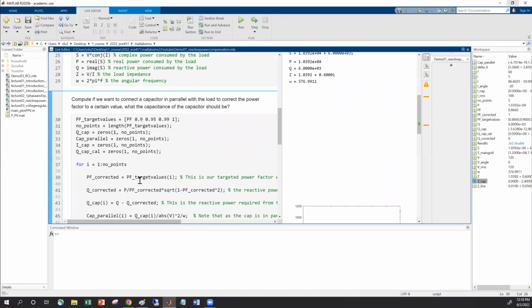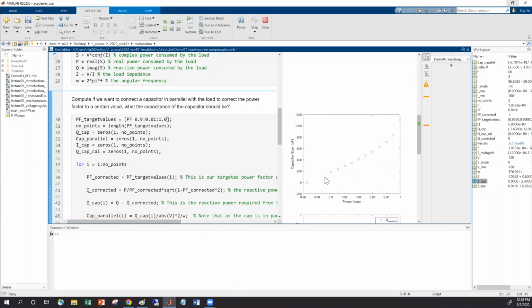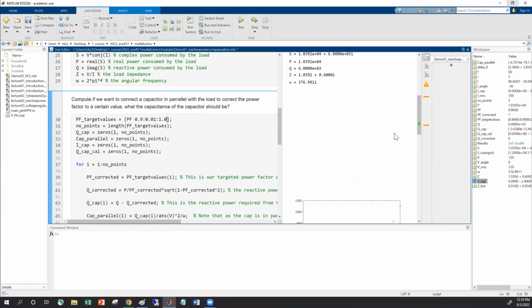For example, if I use more, I can just say 1.001. So this will give us a lot more intermittent values. And then if I do this, that again. So this way I can see a lot more points in between, okay?